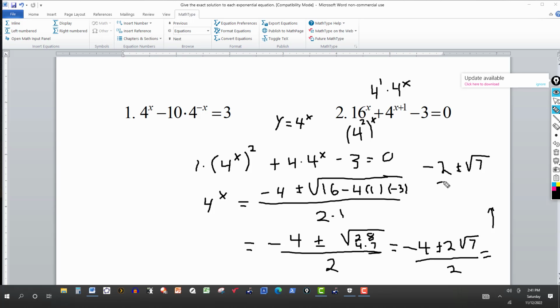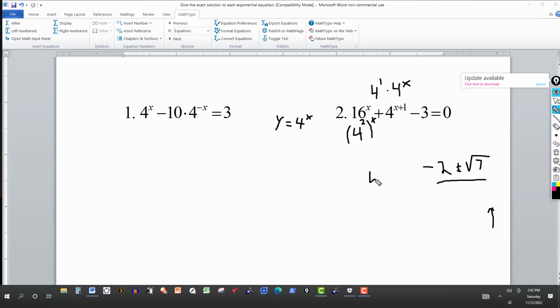So these are the two possible answers for 4 to the x. If you use y as a substitution, this would come out to y equals negative 2 plus or minus the square root of 7. And then you just replace this by y, and you get your two answers.